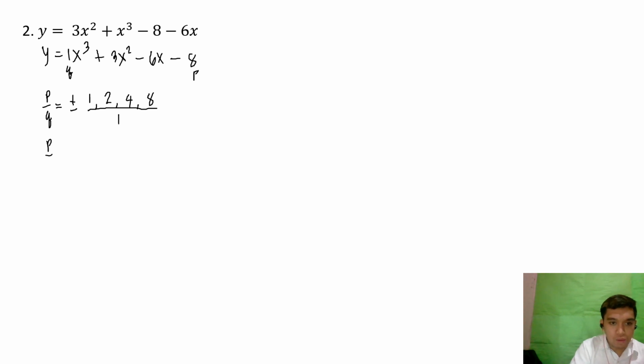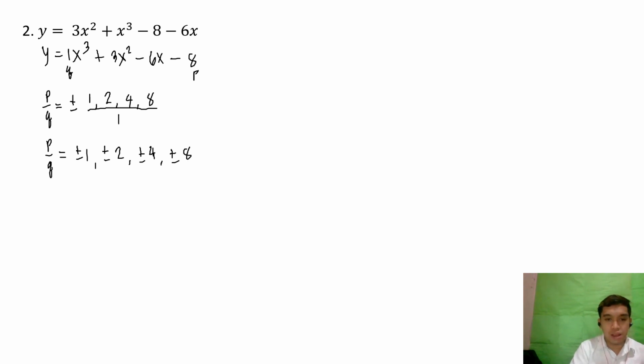Kaya yan ay p over q equals positive, negative 1, kasi 1 divided by 1 is 1. Positive, negative 2 divided by 1, 2. Then, positive, negative 4 divided by 1 is 4. At positive, negative 8 divided by 1 is 8.